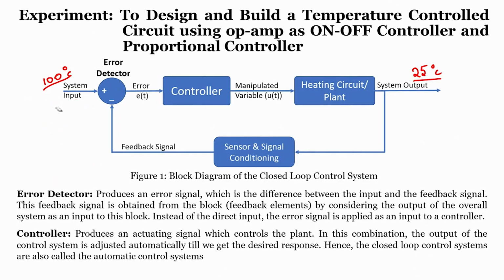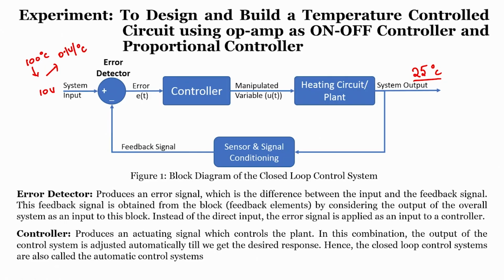So, rather than saying 100 degrees, if I do it, the input that I have to provide is 10 volts. The reason is that the factor I am considering is 0.1 volt per degree centigrade, right.